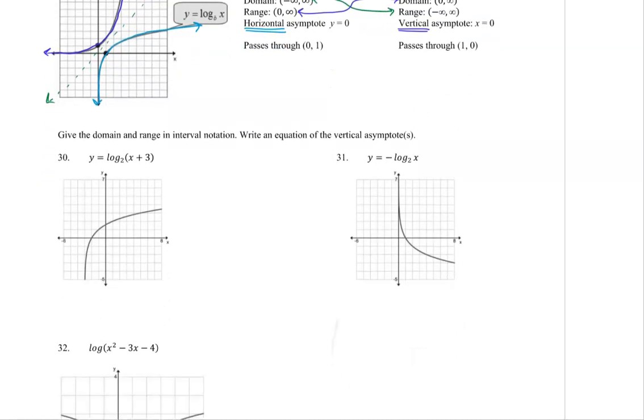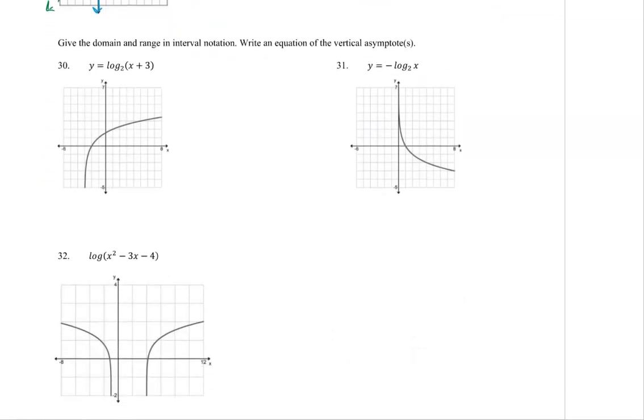The last set of examples we're going to look at are us finding the domain and range and the vertical asymptote for these logarithmic functions. In example 30, we can look at this graph and see that this function has been pushed to the left 3, meaning it has a VA at x is equal to -3.